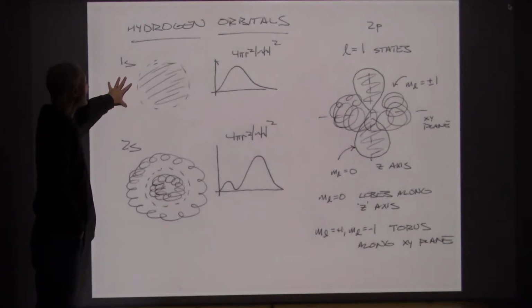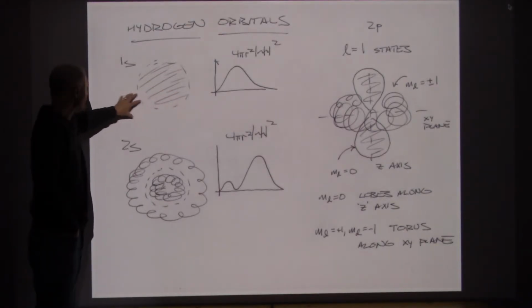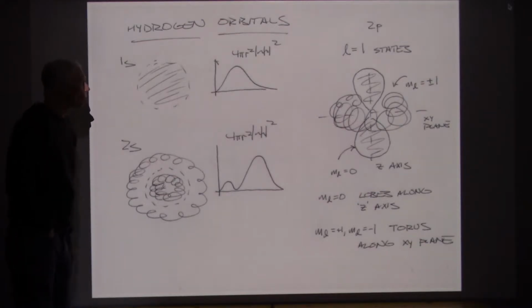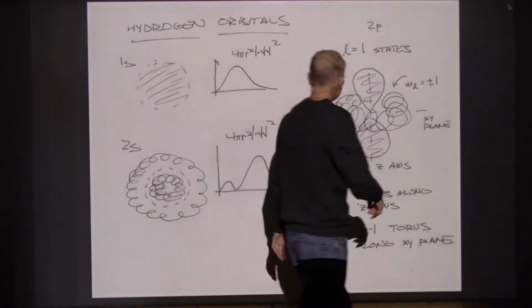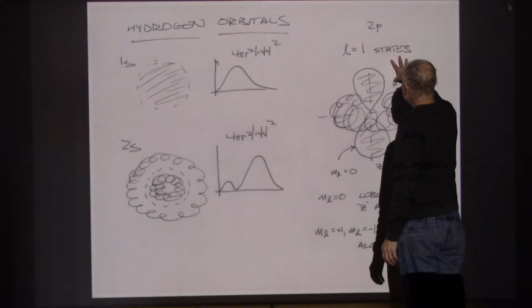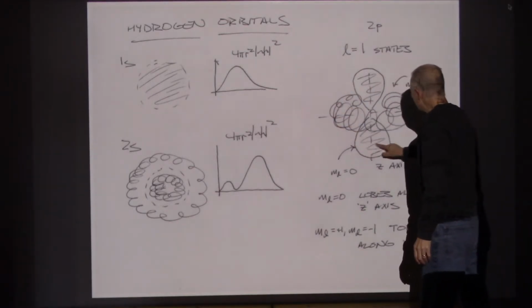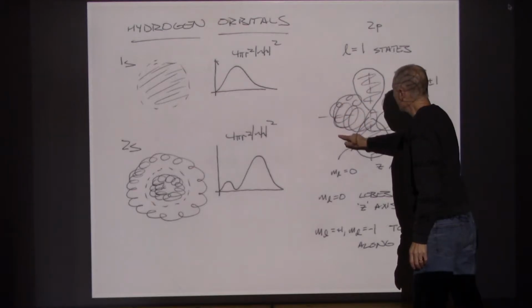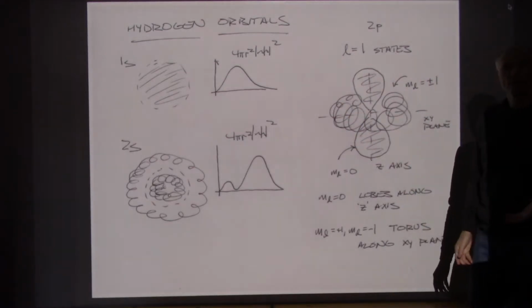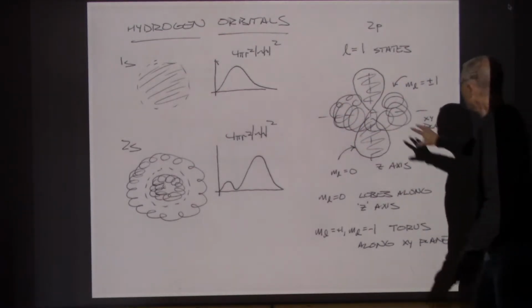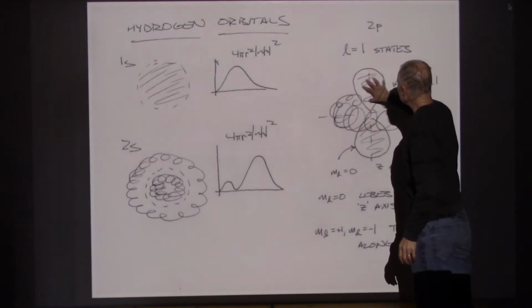So we were looking at the probability functions for the 1s and 2s, and then we're asking what happens with 2p's, for example, where we do have angular momentum. In these examples, when we walk around the nucleus, what we find is that there are angular dependencies. There are directions where the probability is pretty high.